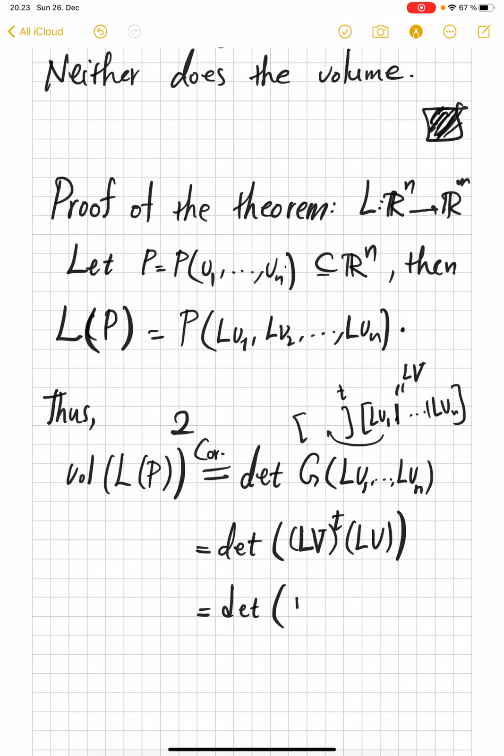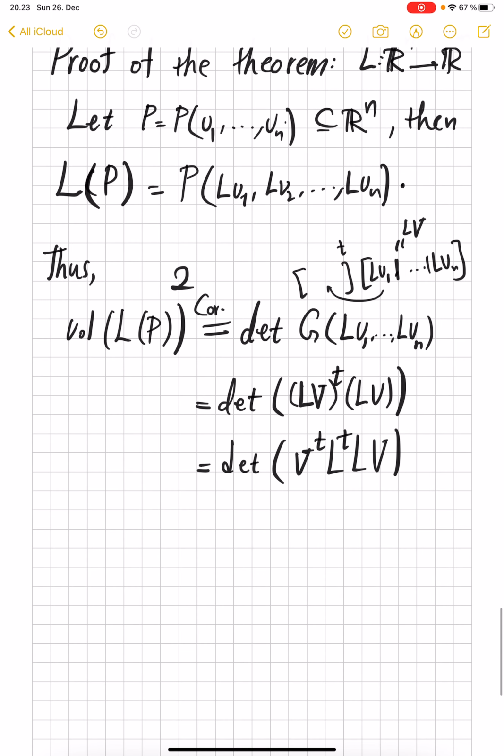And this will become the determinant. Now this is just algebra. I don't know what's happening here. Geometrically, there must be an interpretation. But then you see that these together form a square matrix. This is an n by n square matrix, this is an n by n square matrix, this is an n by n square matrix. So we can break them up.